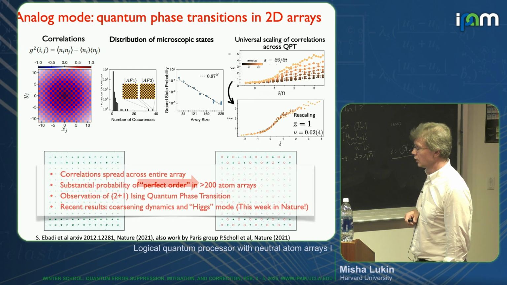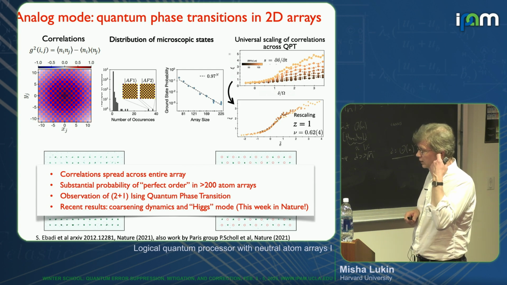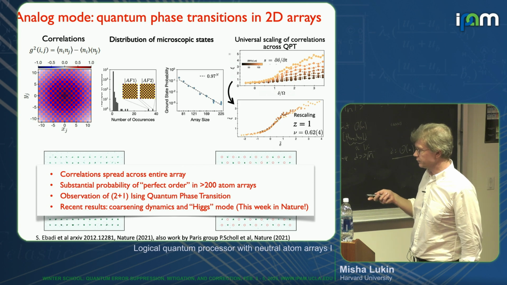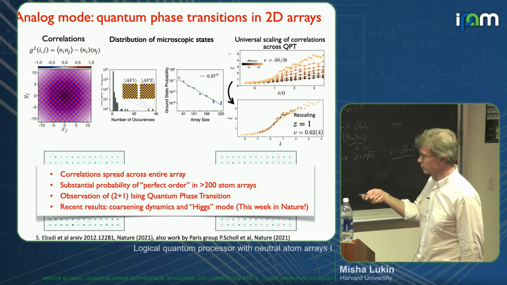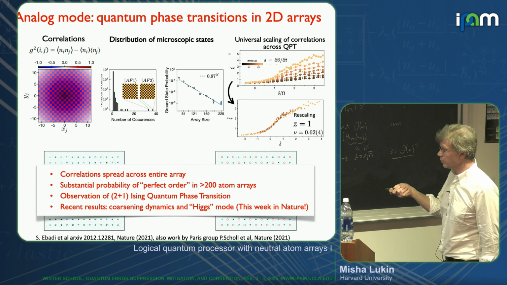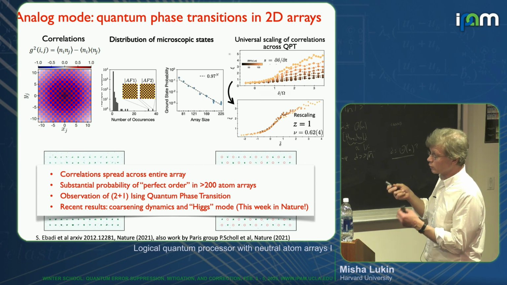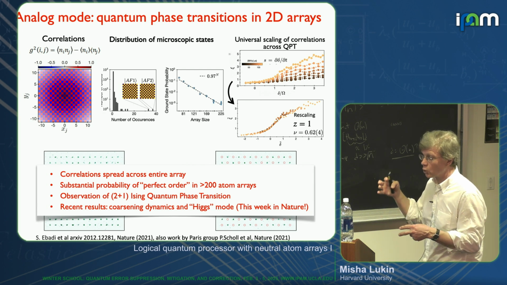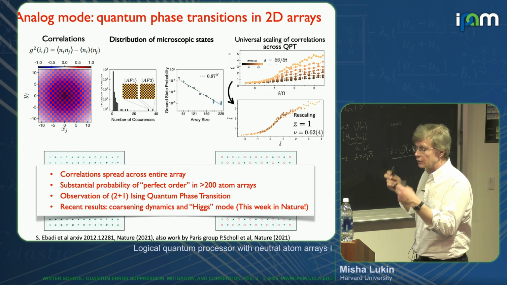We have already been exploring this for over 5 years, but it remains an active subject of exploration. For example, this week in Nature, there is a paper where we explore the so-called coarsening dynamics. We study how these correlations emerge and how they grow, and it's still the cutting edge of science.